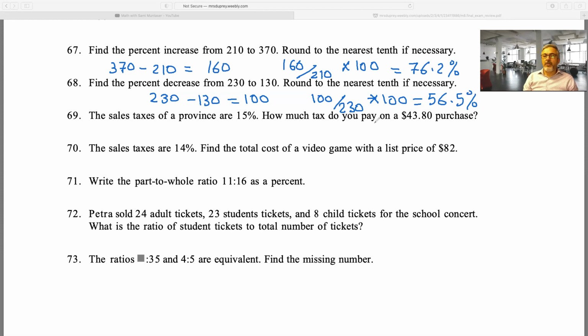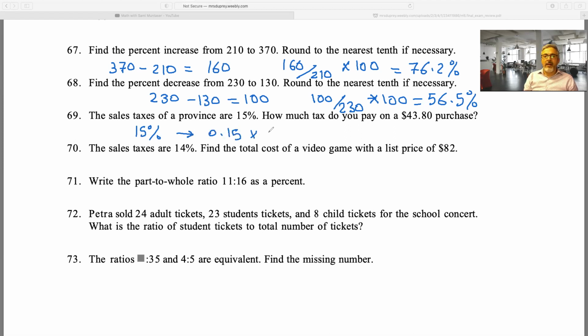The sales tax of a province is 15%. How much tax do you pay on a $43.80 purchase? Now, if you know you're paying 15% tax and you want to know how much tax you're paying, you change that 15% to a decimal, and that will give you 15 divided by 100 will give you 0.15.